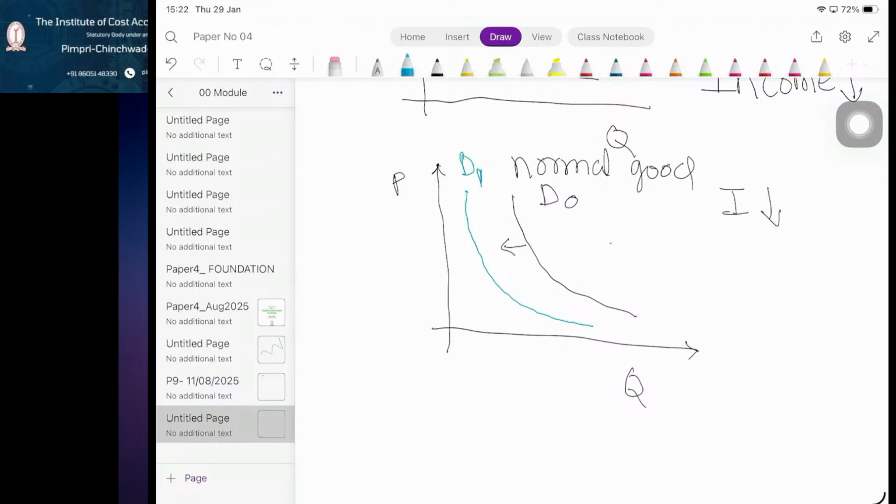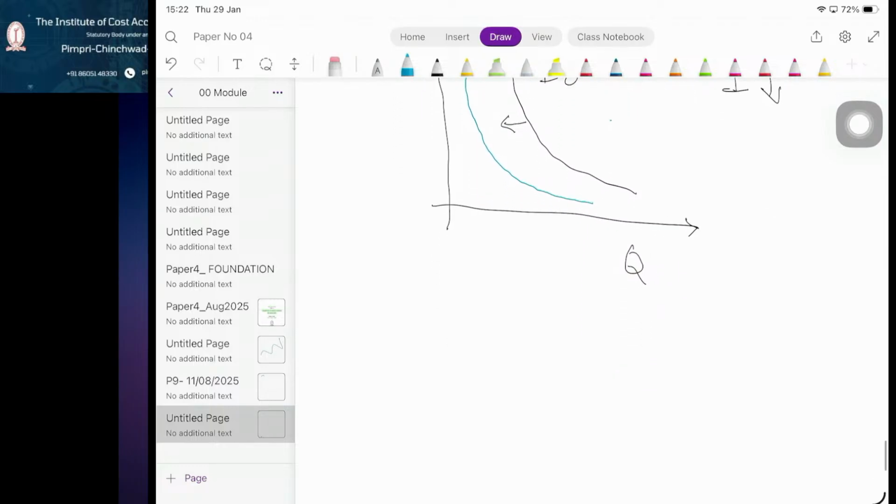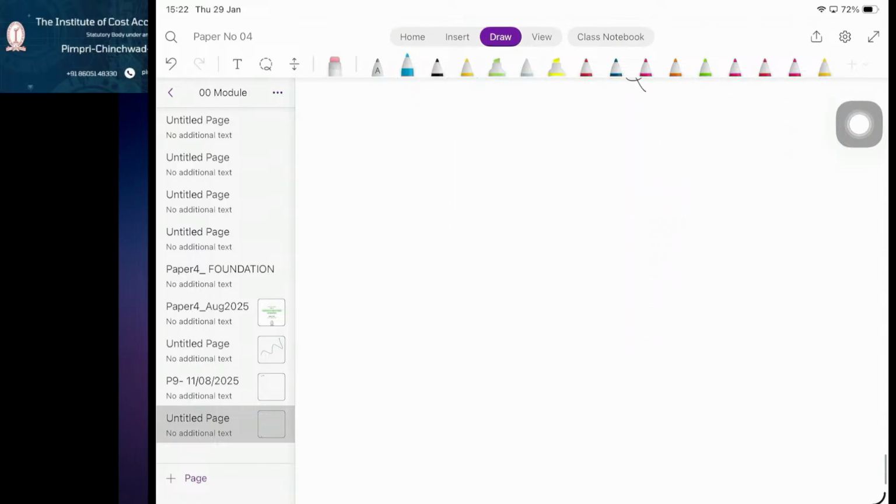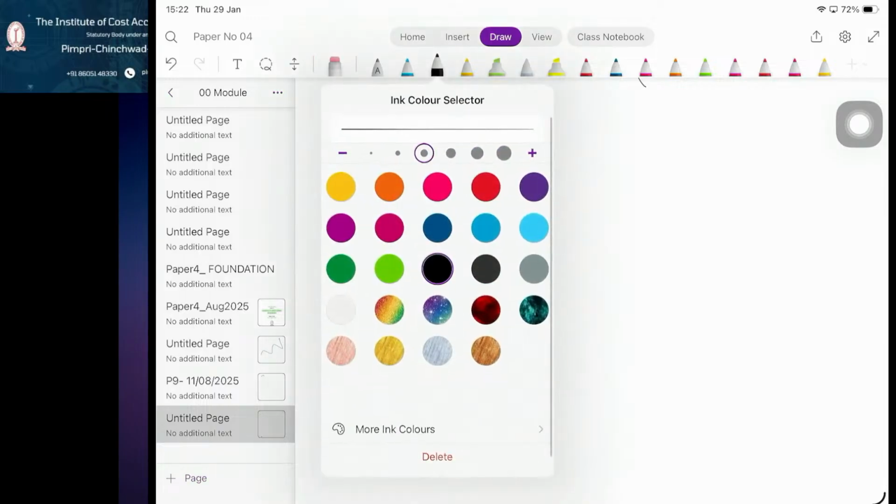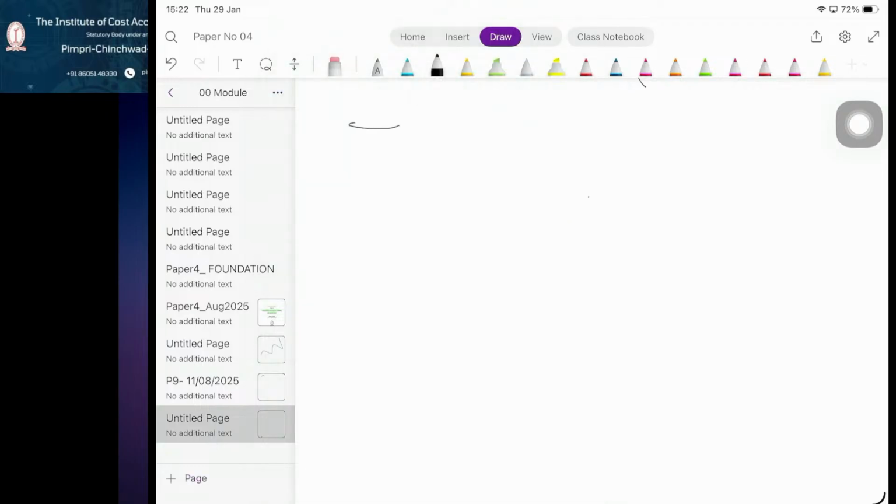Okay. So let us write one important idea: what is an increase and what is a decrease in demand. This you have to memorize, okay? Remember, increase in demand.